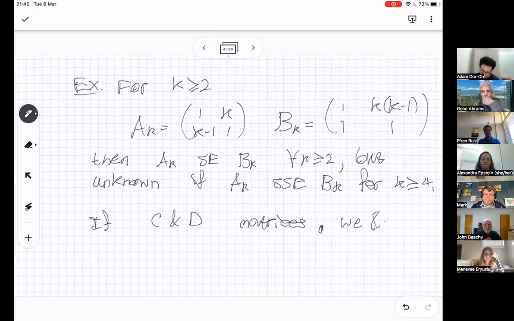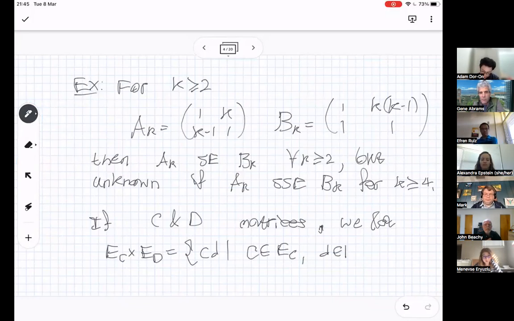We let E_C times E_D, the concatenatable product, be the collection of pairs of letters c and d such that c is an edge in C, d is an edge in D, and I want the source of d to be equal to the range of c.